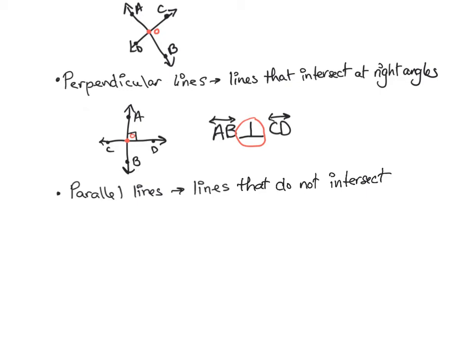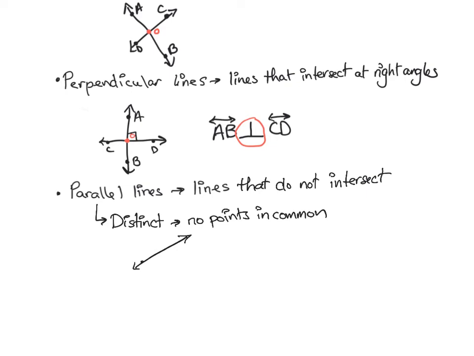So there are two types of parallel lines. The first is distinct, and these have no points in common. Okay, so this is what we typically think about if we have parallel lines.